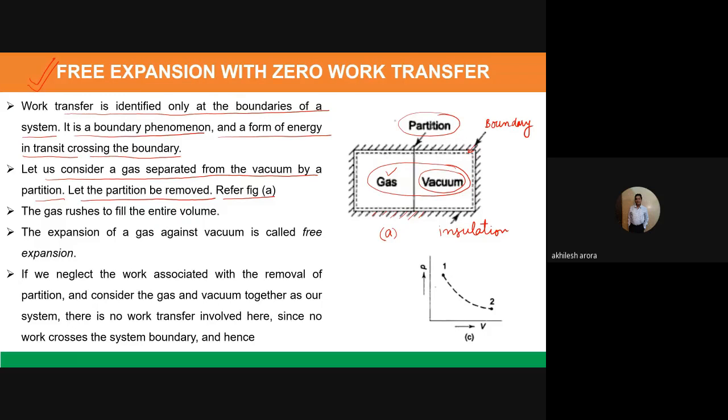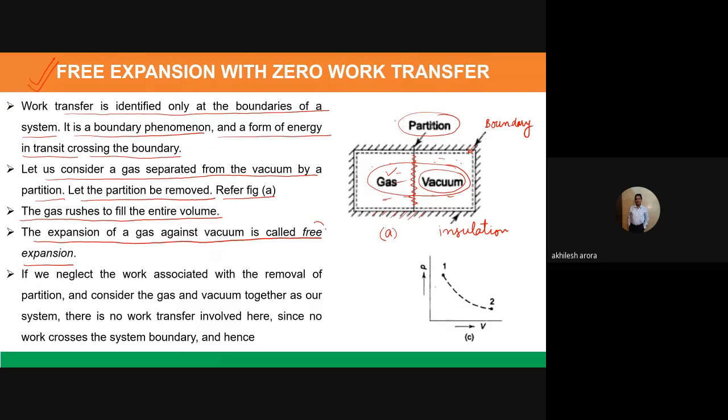Now suppose I remove this partition, what will happen? The gas will fill the entire volume. Now the question is whether any work is done or not. First of all, the gas rushes to fill the entire volume when we remove this partition. The expansion of the gas against vacuum is called free expansion.